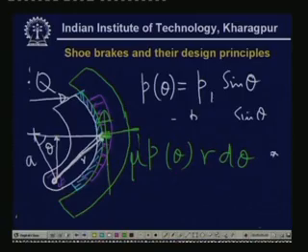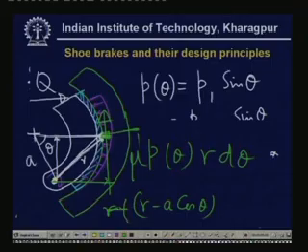So, this distance is again R into, I am sorry, this is R minus A cosine theta. So, this is the lever arm which could be multiplied to this force to find out this M theta, that is the moment due to this friction force. Then we can take the moment about this point and find out what is Q. This is roughly the design procedure to find out Q.